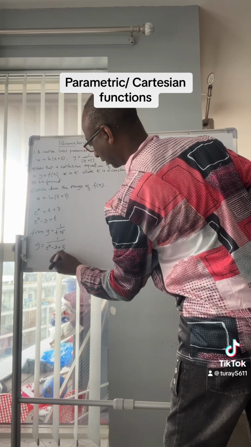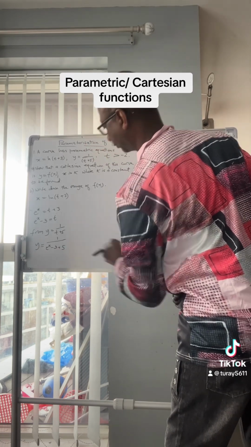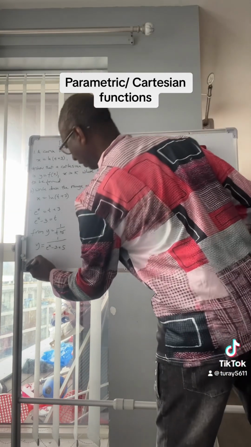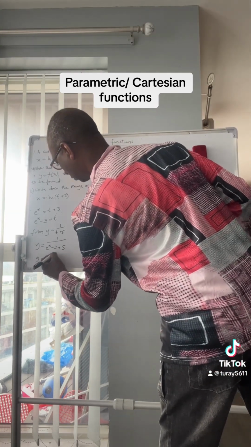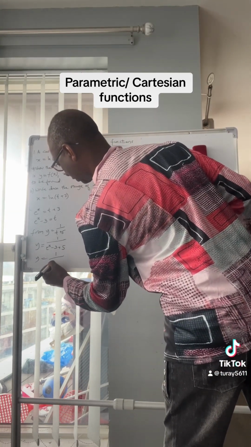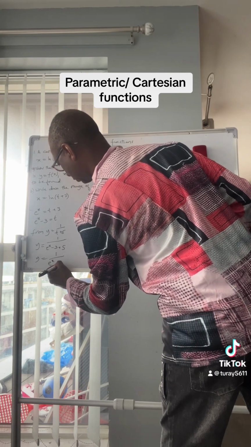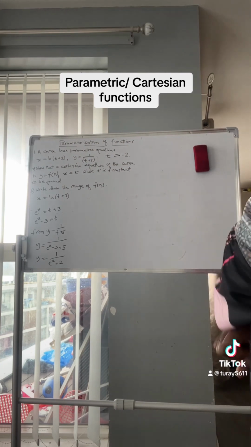This is all t plus 5. So what do you get there? You get y equals 1 all over e raised to the x plus 2, because minus 3 plus 5 is 2.